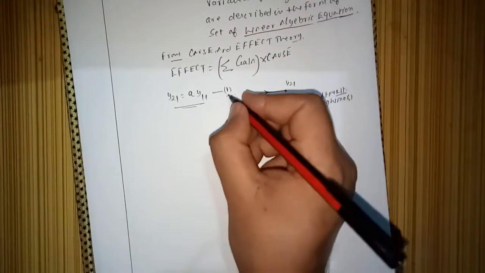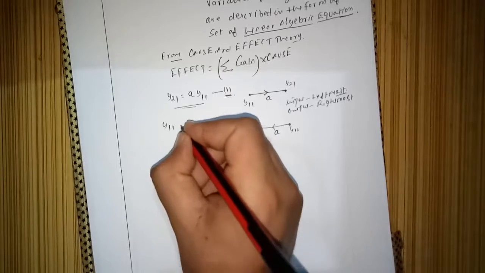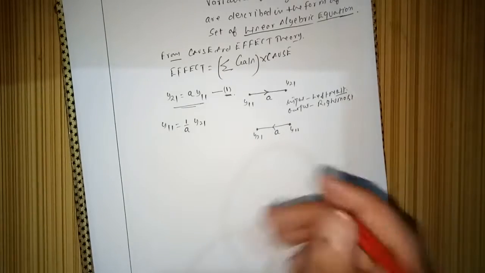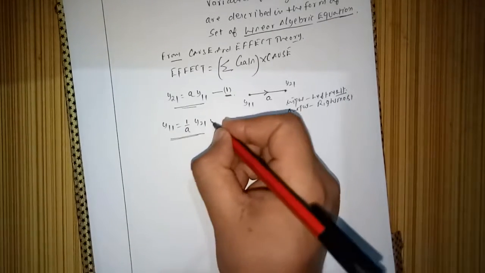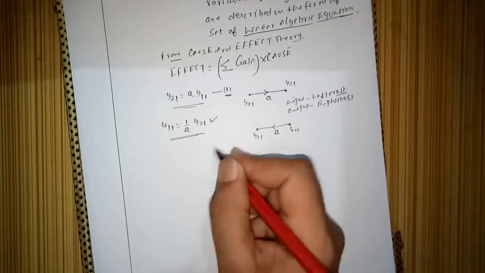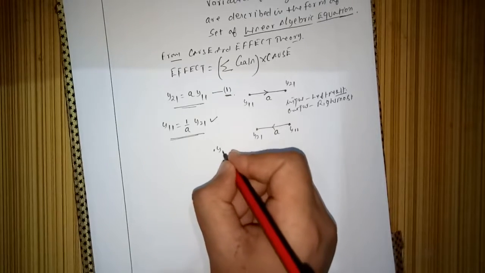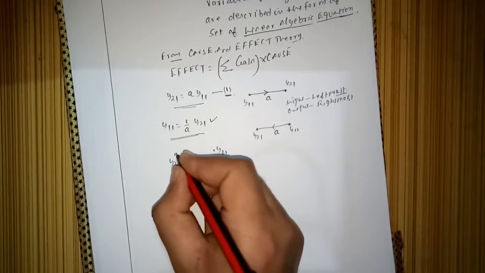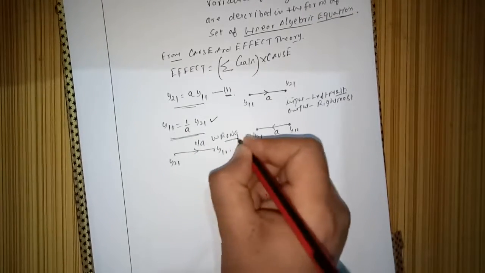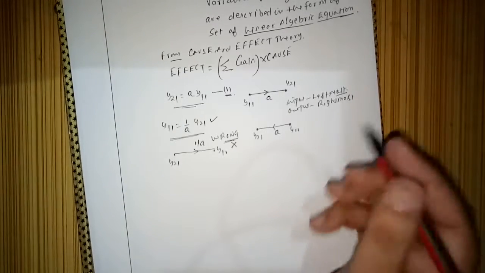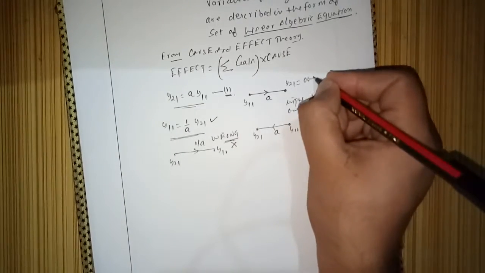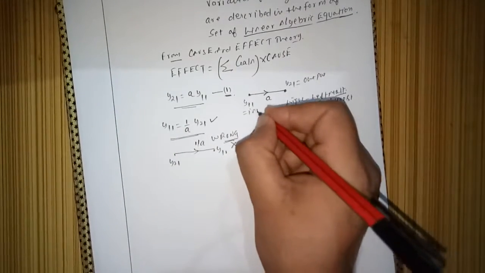And from the equation, we can write y11 equal to 1 upon a times y21, right? This equation may be mathematically correct, but we cannot represent its signal flow graph like this, with y21 to y11 multiplied by 1 by a. This is wrong, because a signal can transmit from input to output only. Here y21 is the output and y11 is the input.